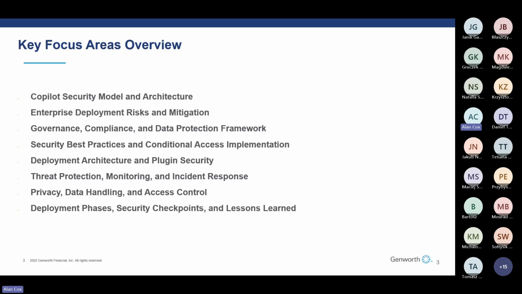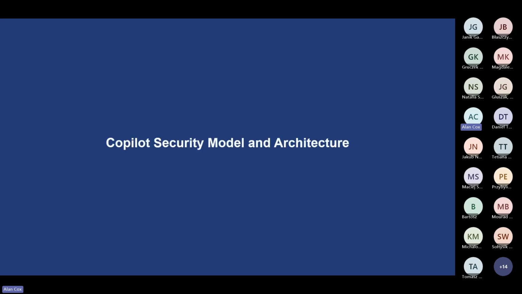We will have a couple of demos, so we'll drop out and do some live demos. We'll see how that goes. With threat protection, we'll be talking about that, privacy, data handling, and access control. And then we'll talk about how we might consider a deployment phase and then some lessons learned from organizations that did not have things quite as secure as they should have had them.